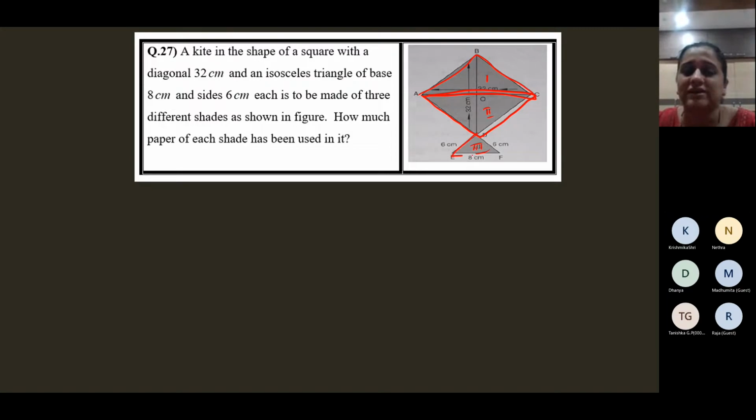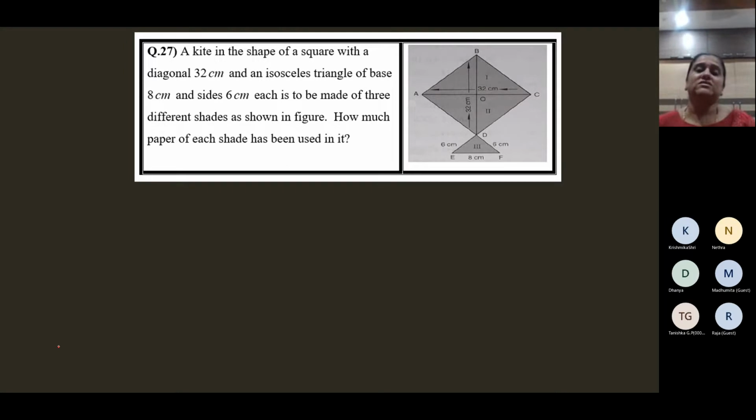Region 3 is triangle DEF. The color paper used to make the kite is different for 1, 2, and 3. How much paper of each shade has been used in it?